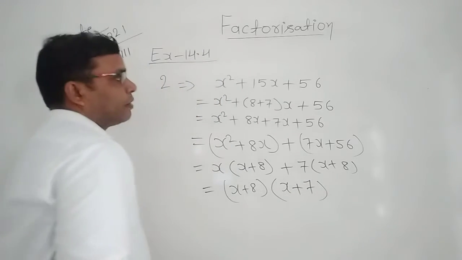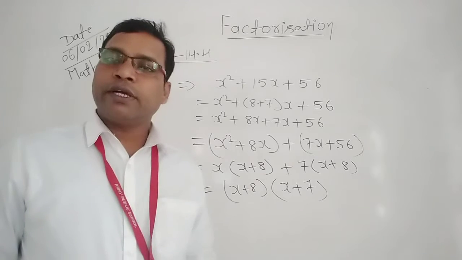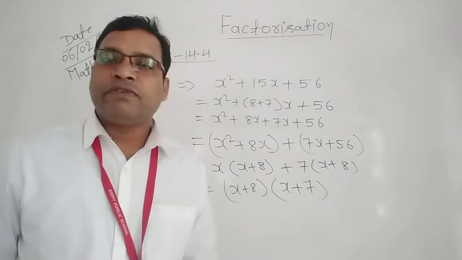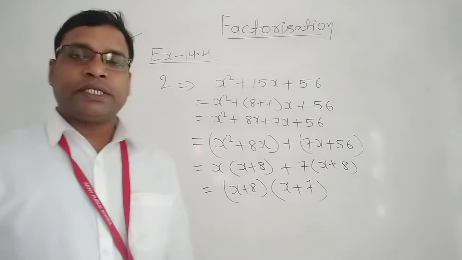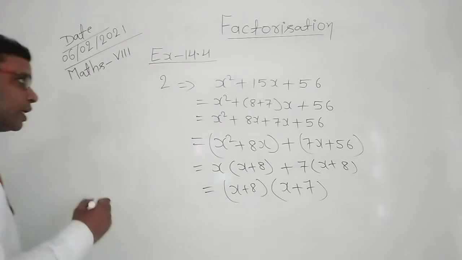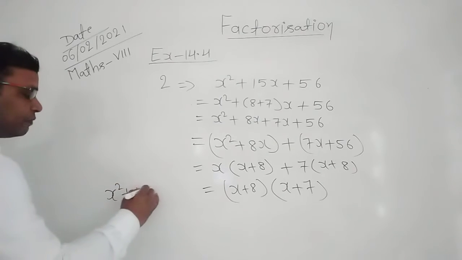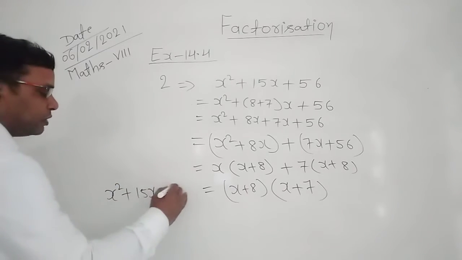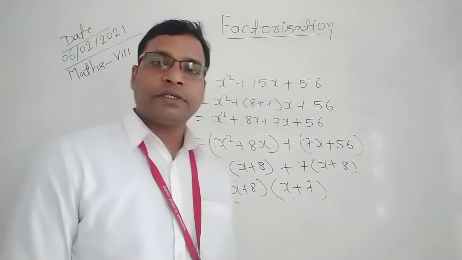So in this way, my dear student, you can see that (x plus 8) into (x plus 7) is the factorization of x square plus 15x plus 56. Hence x square plus 15x plus 56 is equal to (x plus 8) into (x plus 7).